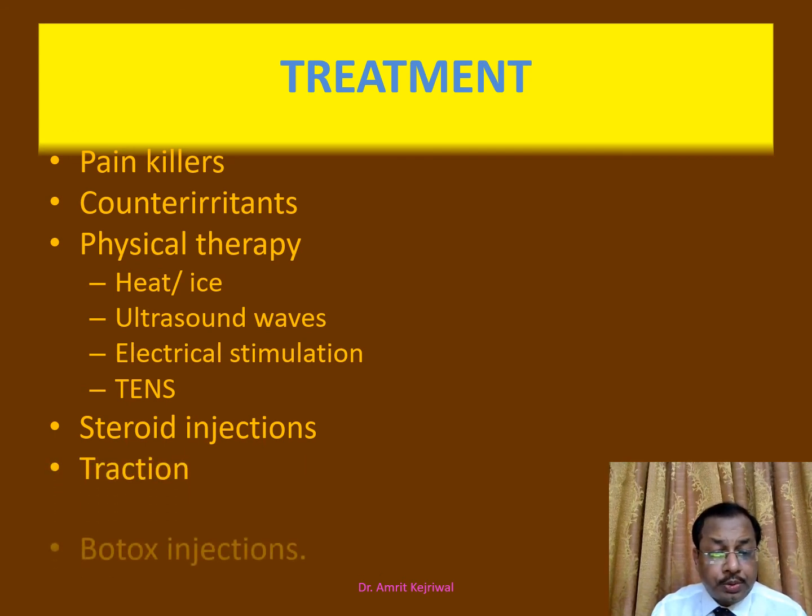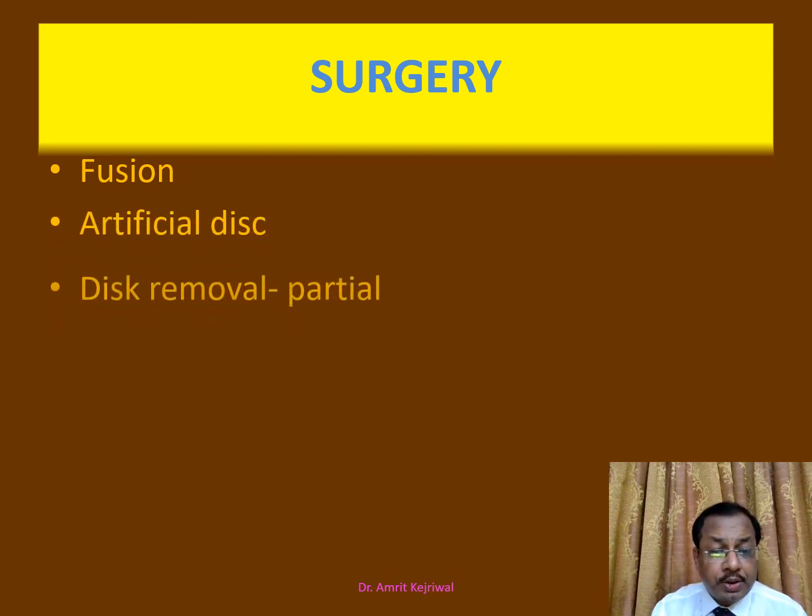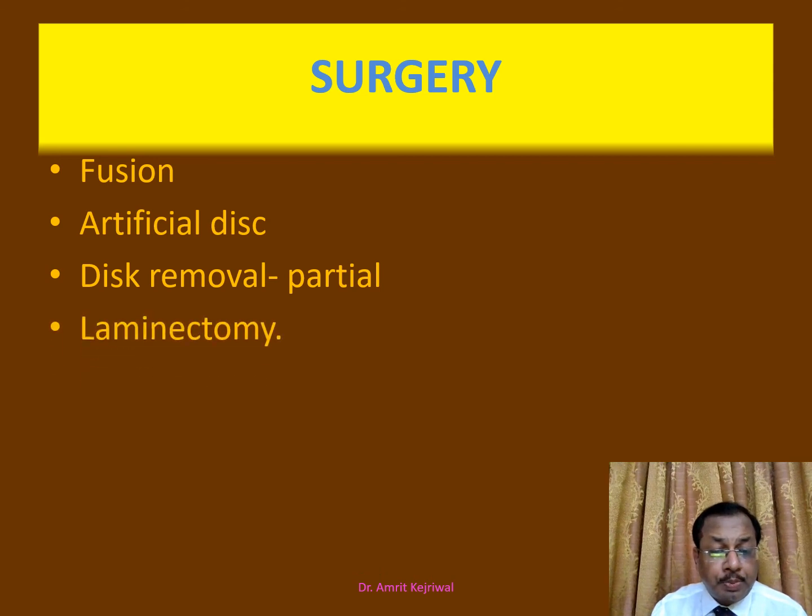Traction is also used. Botox injections can be used. Surgery, there are different kinds of surgery that can be used for backache: fusion, artificial disc, partial disc removal, and laminectomy. This is a part of the vertebra which I have not described.